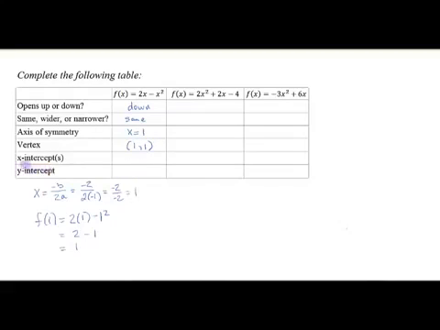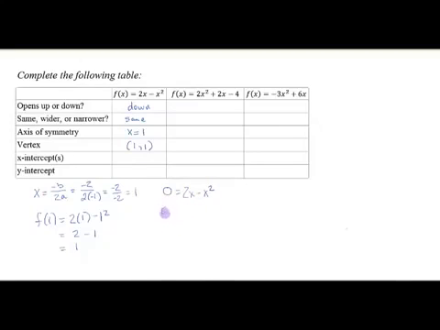Let's find the x-intercepts. The way we find the x-intercept for a parabola is the same as we have found the x-intercept for any other type of function. To find an x-intercept, we make y 0. So we're going to take the entire f of x, which is the same as y, and make it 0, equals 2x minus x squared, and then we solve that.